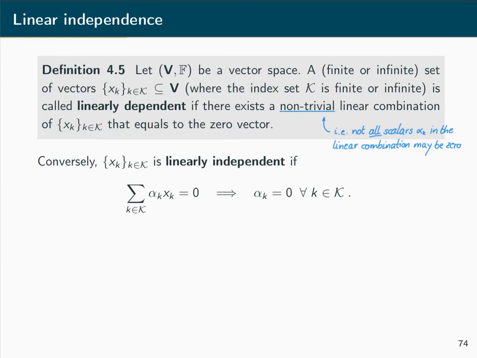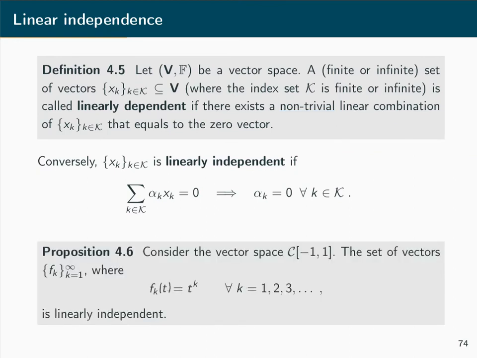If we put any linear combination of these vectors equal to the 0 vector, then this must automatically entail that all of the scalars alpha k must be equal to 0. And if that's the case, then this set is called linearly independent.